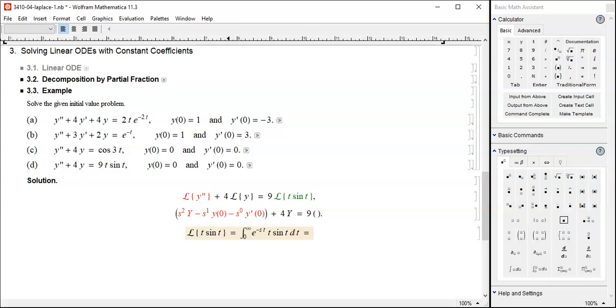I can use integration by parts here. There's no question about that. It's just that I'll have to do it so many times that it's going to be really horrendous.